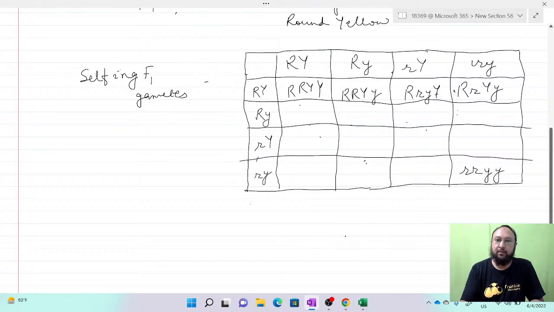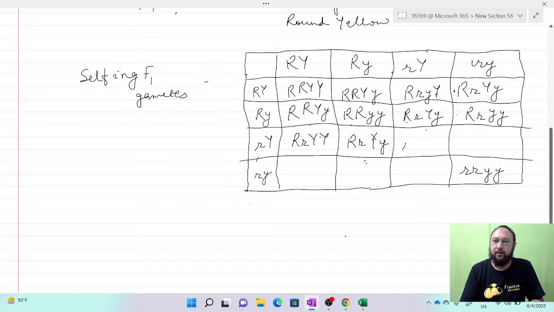Here you can see capital R, capital R, then capital Y and small y. Here capital R, small y, small y. Here capital R, small r, then capital Y and small y. Then capital R, small r, small y, small y. Then again capital R, small r, capital Y, capital Y. Capital R, small r, capital Y, small y.